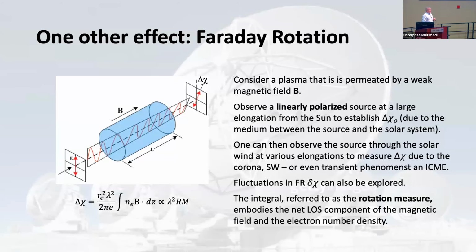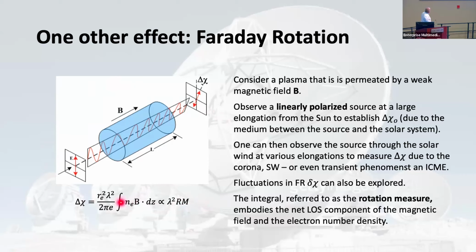One other propagation effect that's been important is Faraday rotation. I didn't really talk about polarization, but if you have a linearly polarized signal from a spacecraft or from a distant galaxy, it can be linearly polarized. As it propagates through a magnetized plasma, this line of sight integral comes into play.